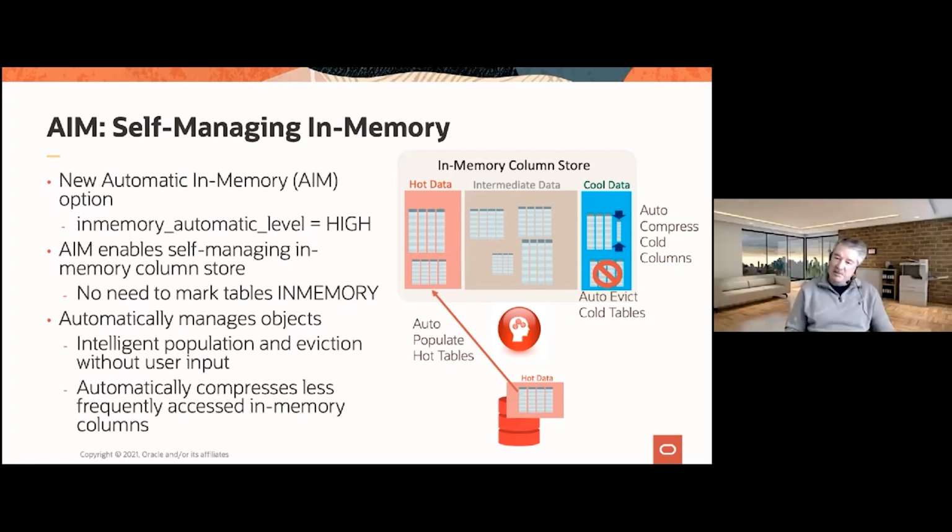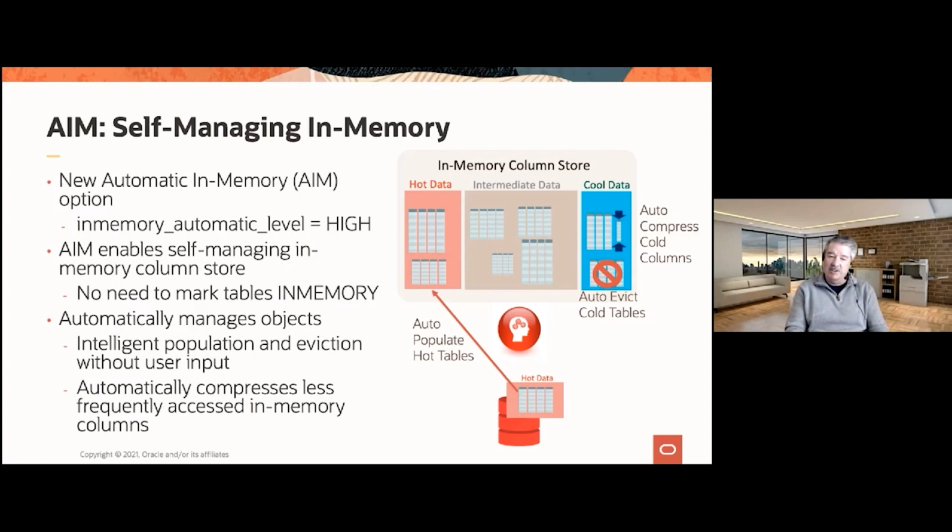Yeah, and I should mention, looking at the picture there, something I tend to overlook because most of the time we're worried about the big picture, but it will compress individual columns as well. I don't run into a lot of customers doing this, because you can do it even without AIM. You can change the compression level of different columns.